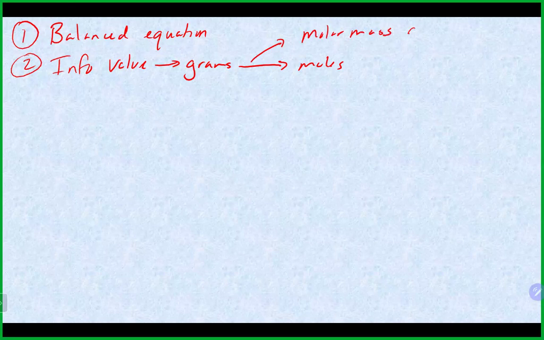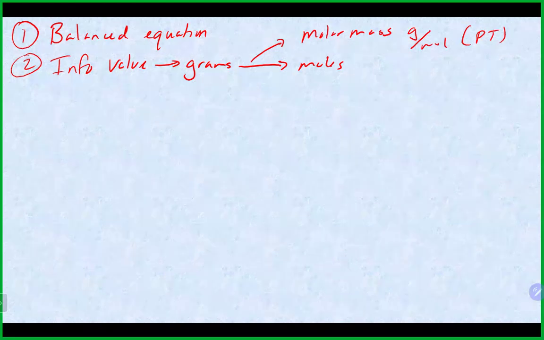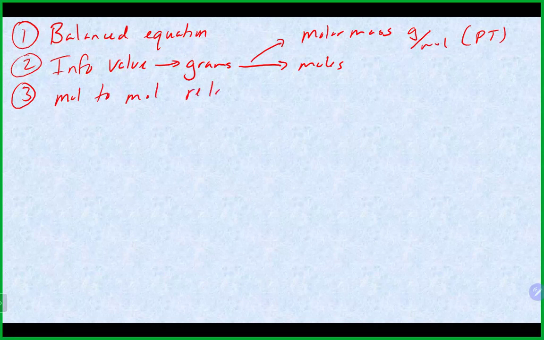Remember, the molar mass is grams per mole, comes from the periodic table, and it's used as a conversion factor, basically. And once you have it in moles, then you're going to do the mole to mole relationship. And the mole to mole relationship comes from the balanced equation.